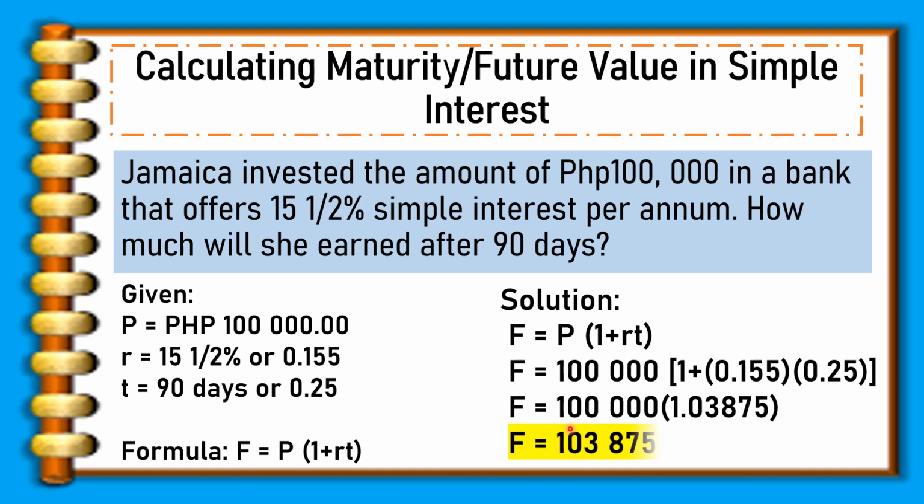Multiplied by 100,000, it is 103,875 pesos. So the money that she will have after 90 days of investing 100,000 in a bank that offers 15.5% simple interest per annum is 103,875 pesos.